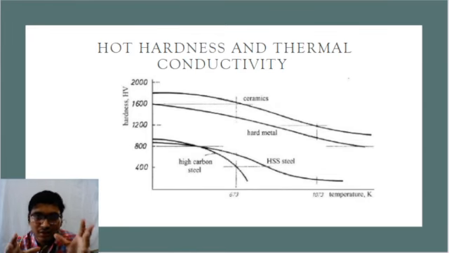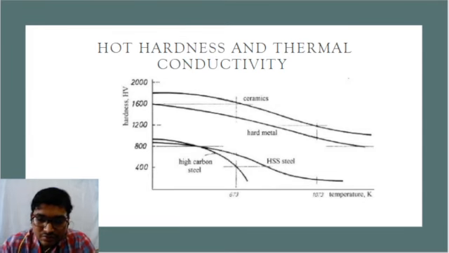Hot hardness is nothing but the ability to withstand hardness at higher temperatures. It is also seen that in high carbon steel the thermal conductivity is low, so the heat remains in the tool, which tends to decrease the hardness.